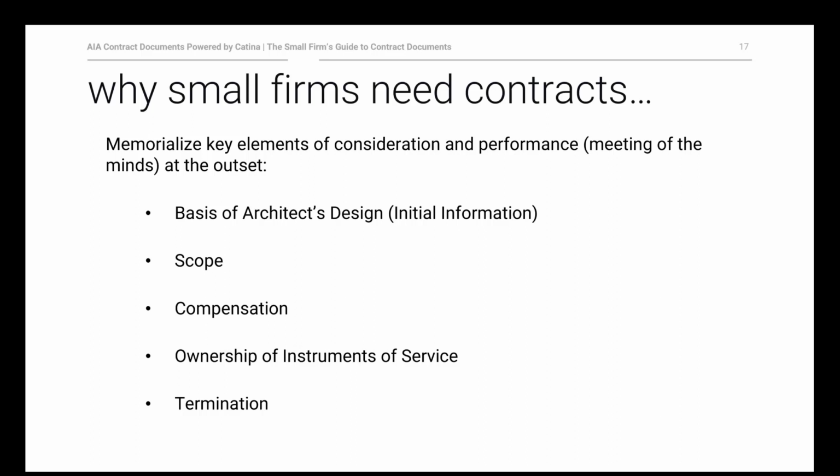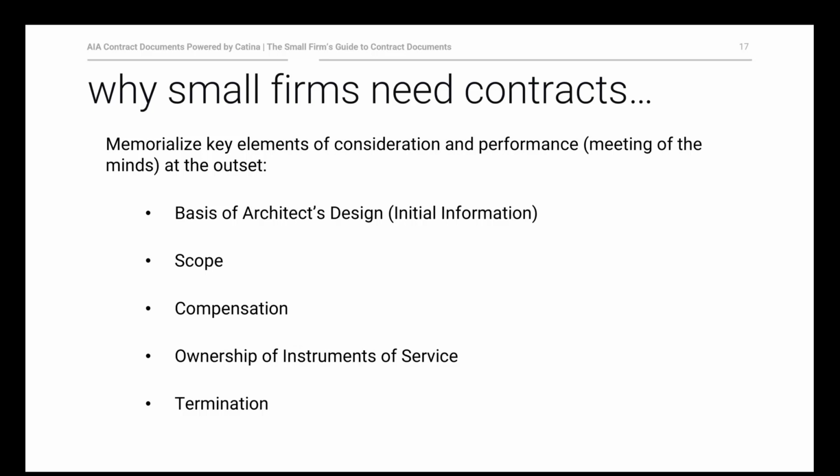It's important for the owner to understand what its obligations will be in terms of compensation. It's also important for the architect to be able to point to the contract and say, under the contract, here's what I'm due now. Ownership of the instruments of service. You know, the architect's plans and specifications are defined in our documents as instruments of service.